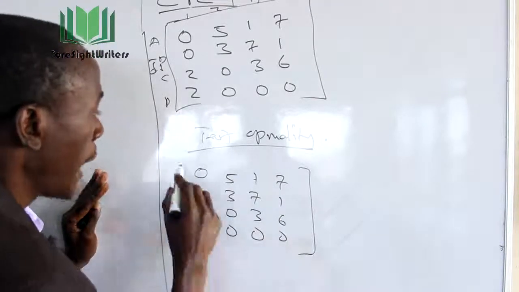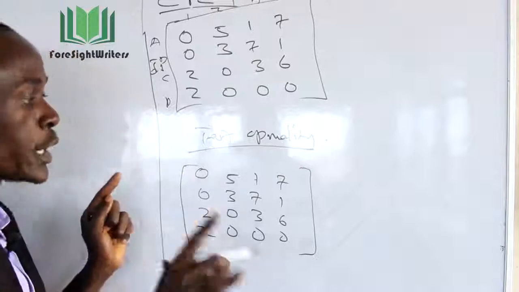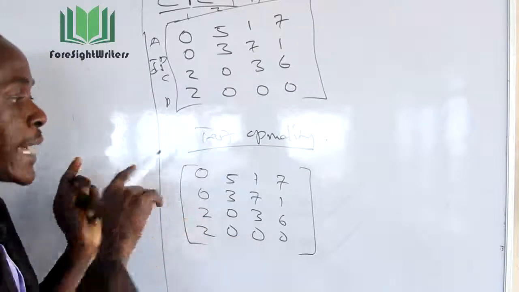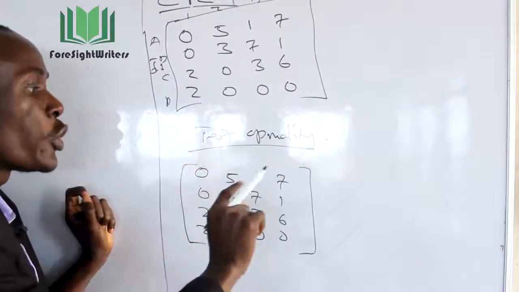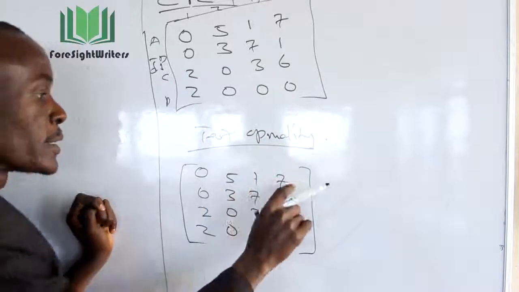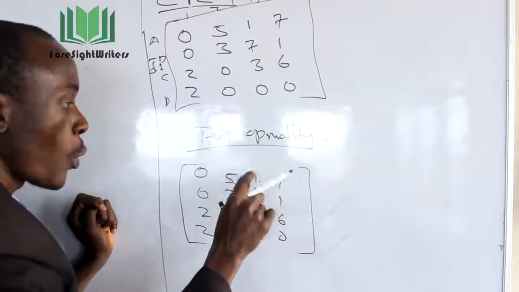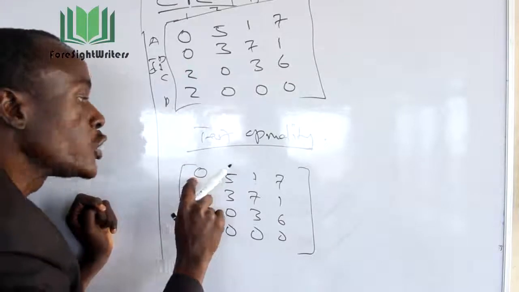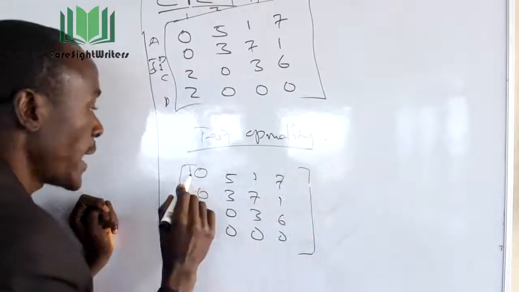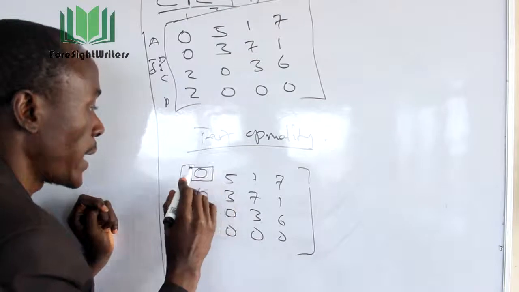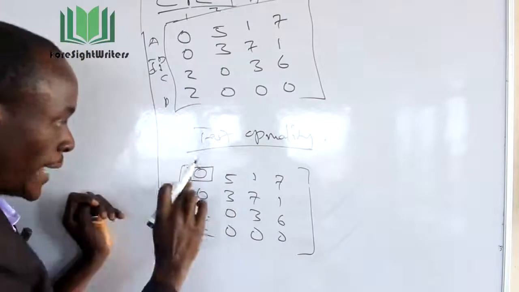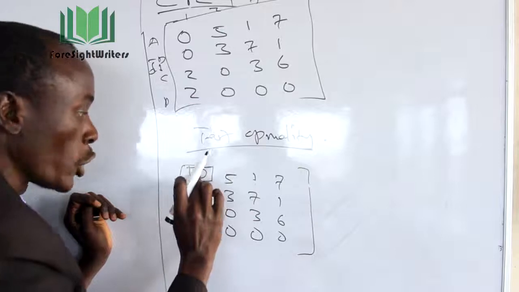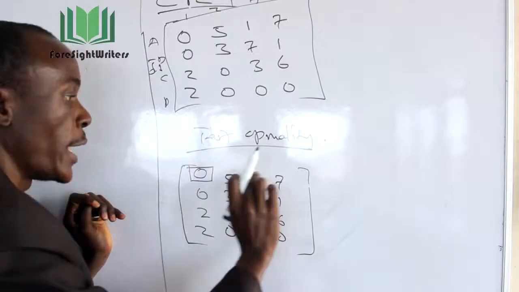So now you assign from a unique 0. Unique 0 means you check a row, and if there's only one 0 in that row, you can assign. Like this first row, we have 7, 1, 5, 0. In this row, the 0 is unique, so I can assign this automatically. I can assign this, because it is the only 0 in that given row.